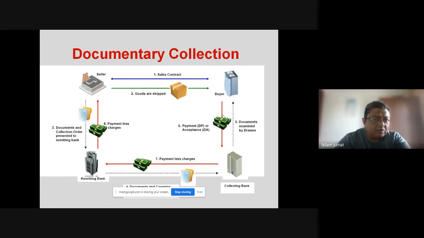So similar to the DP document, if the importer does not accept these documents, then he won't give an undertaking. He won't give the bill of exchange undertaking to pay, right? So if he doesn't give the bill of exchange undertaking to pay, then it says we can't join.